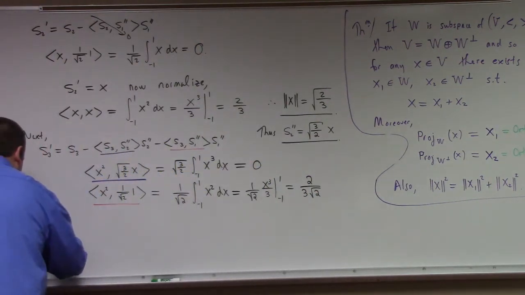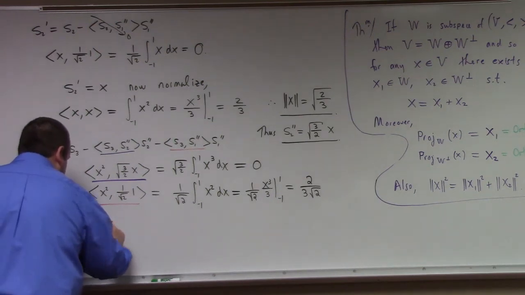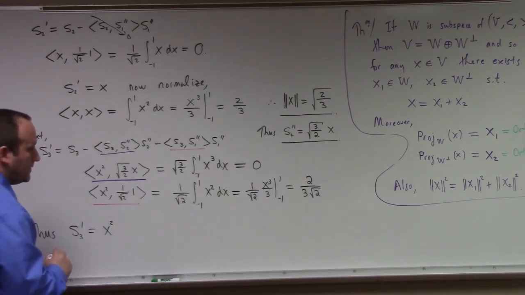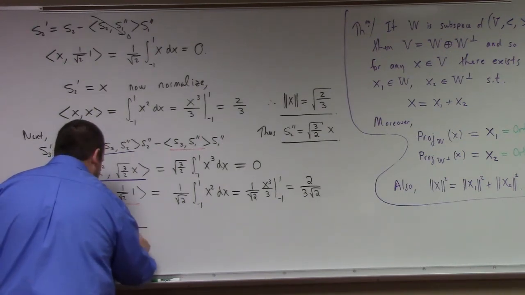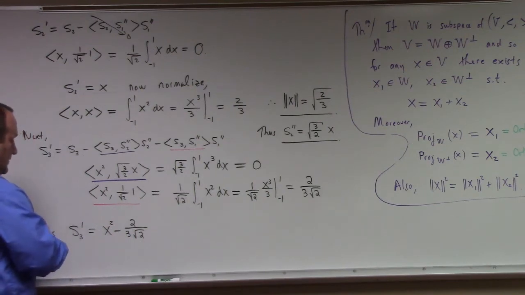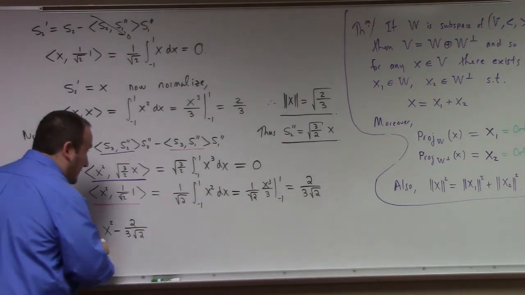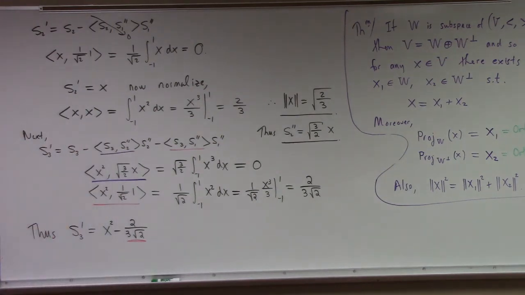Thus, S3 prime is x squared minus 2 over 3 square root of 2 times S1 prime prime. All right, so again, this is the red thing I underlined in red. Okay, do some color coding here, make sure we understand what I'm doing.